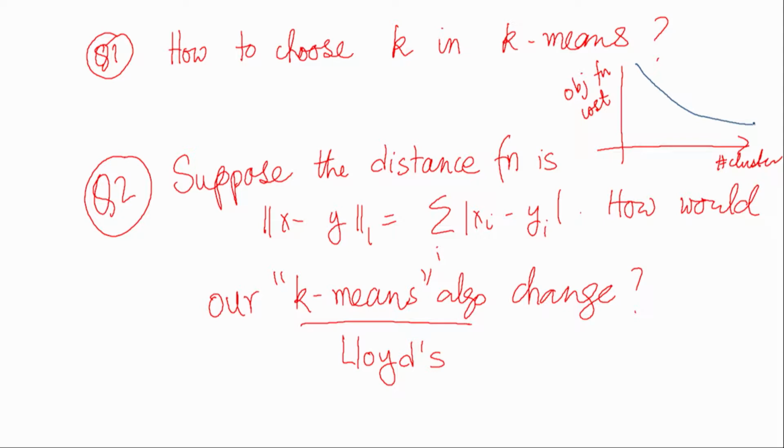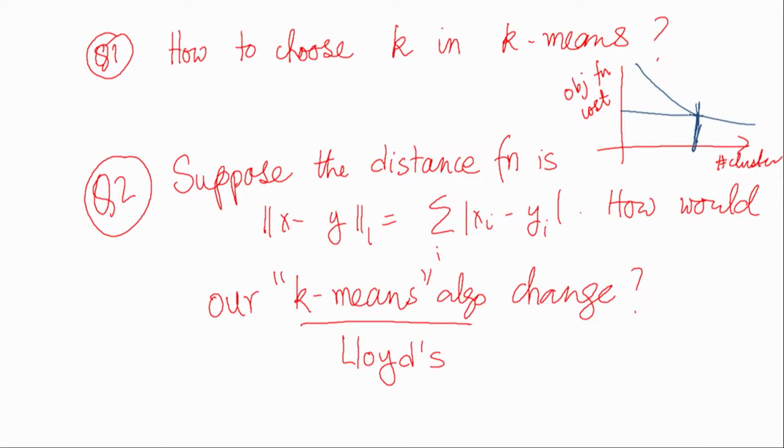But maybe there's some nice point beyond which it doesn't fall as much, and at some point it's going to become more and more flat. The benefit of adding more and more clusters is going to decrease. So you have to decide based on this what is the right value for me, that I can bear with, I can deal with this objective function cost or this kind of error in my clustering, and therefore this is the k that I'm happy with.